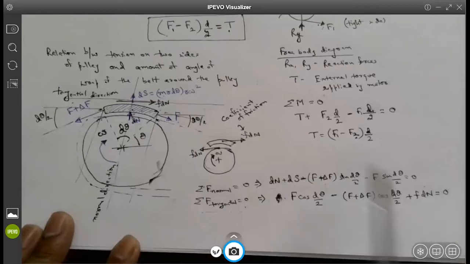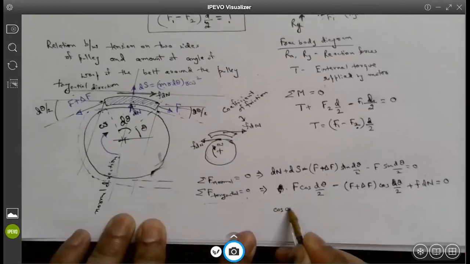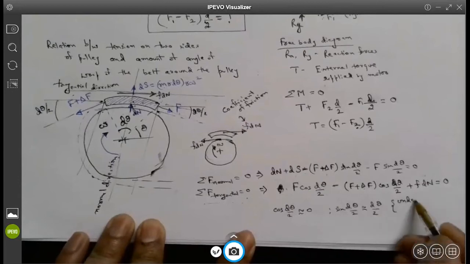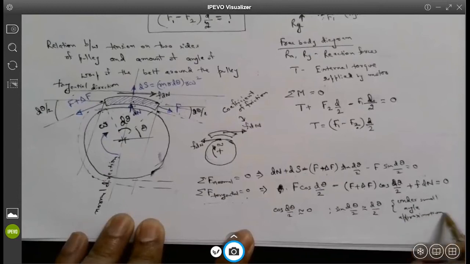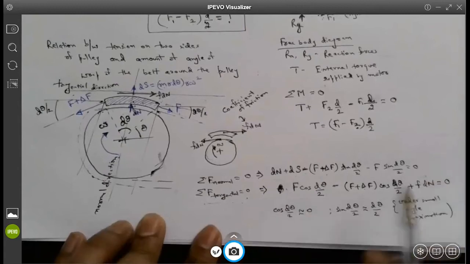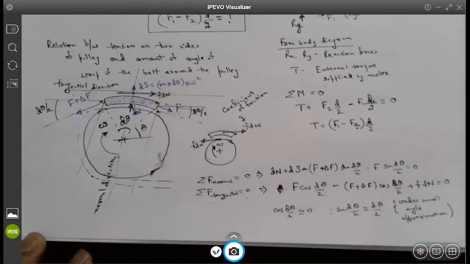Now, because we are working with small angles, you have to make a small angle assumption, which basically means cosine dθ over 2 goes to 1, and sine dθ over 2 becomes dθ over 2. Everybody is with me? With that, if you plug in this approximation and the expression of dS, the centrifugal force, you will end up with an expression relating the tight side tension and loose side tension.